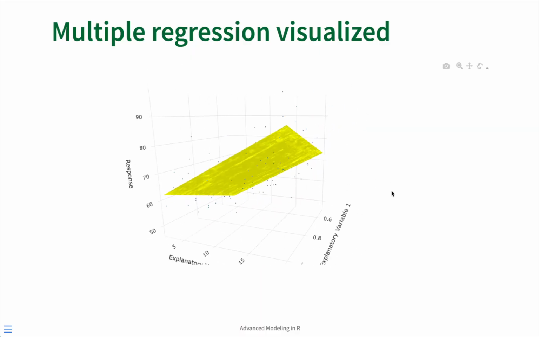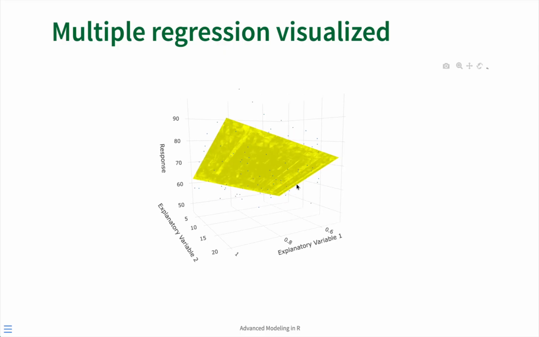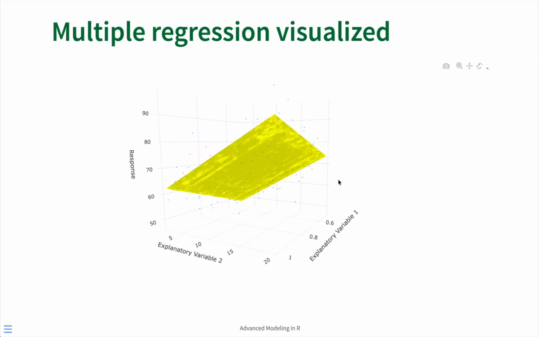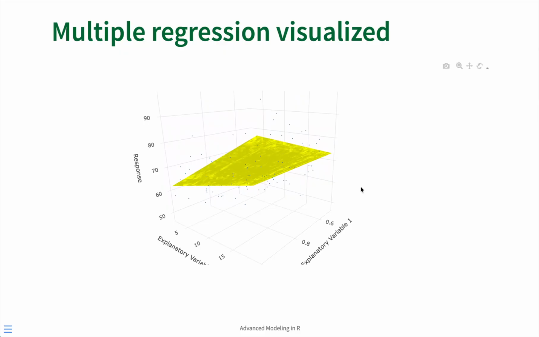However, if we had more than two explanatory variables, we'd be in trouble because we'd then need to create a 4-dimensional graph or a higher dimensional graph, and that is really beyond our ability to plot either on a computer screen or even really imagine within our minds.